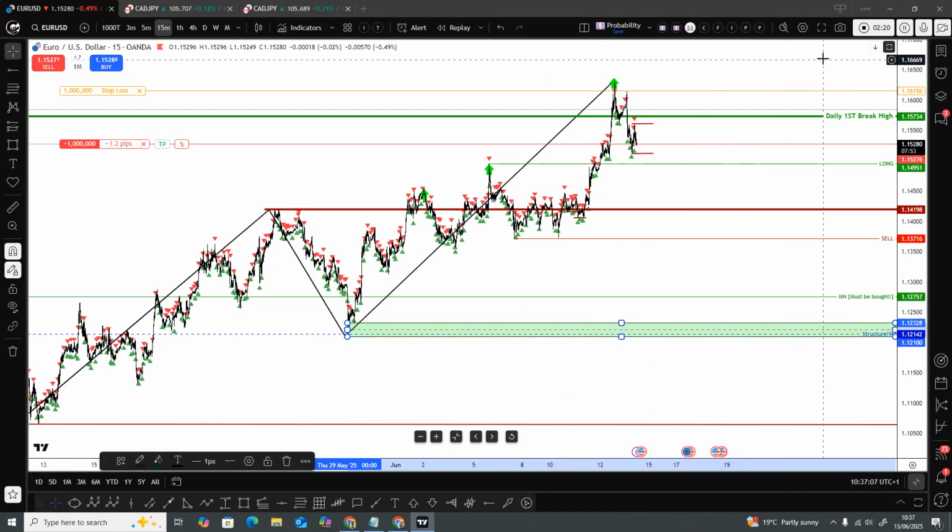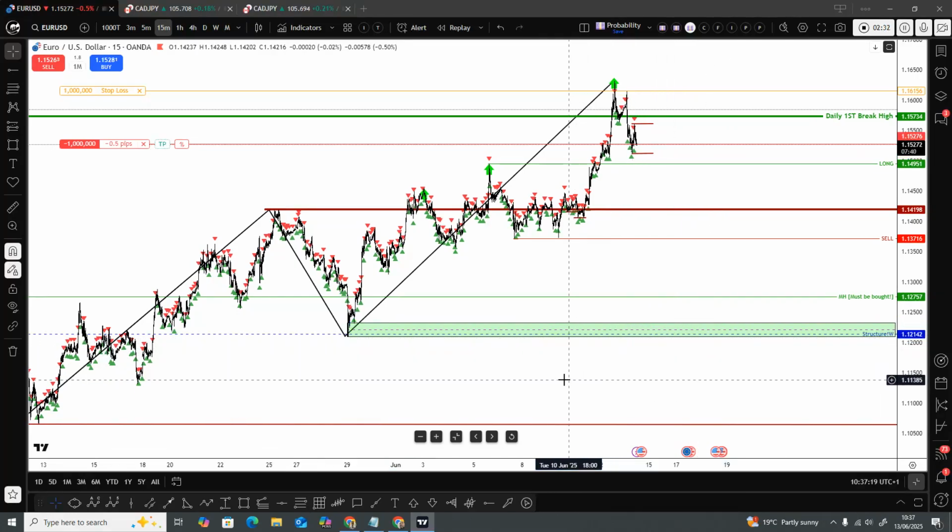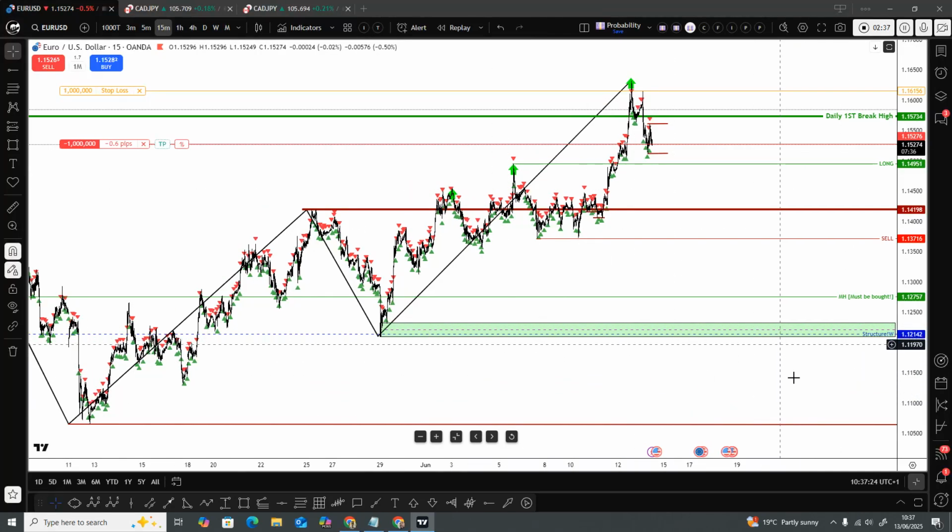We will see the third break to the upside, so we have to have that at the back of our mind. So a break of this area will be the first area we're going to be looking at for a reversal.